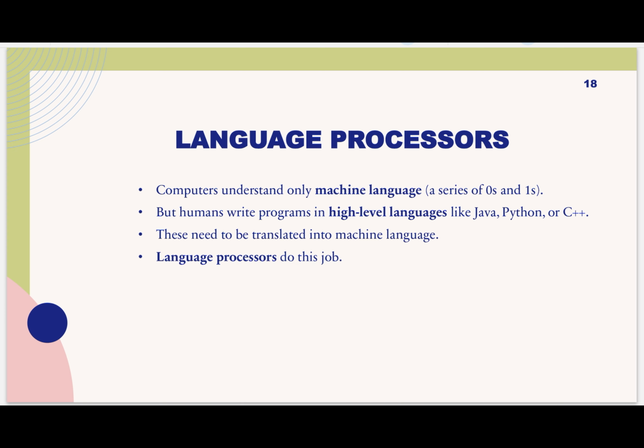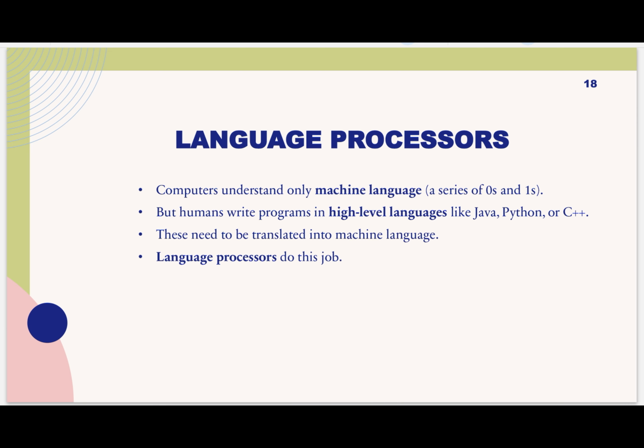Language processors. See, basically what's happening, we write everything in English, otherwise any language, Hindi, Marathi or Urdu, Tamil, Telugu. The computer understands only one language, 0 and 1, which is known as machine language, or we can say binary language. The computer doesn't understand Java, Python, C or English, Hindi, Marathi.